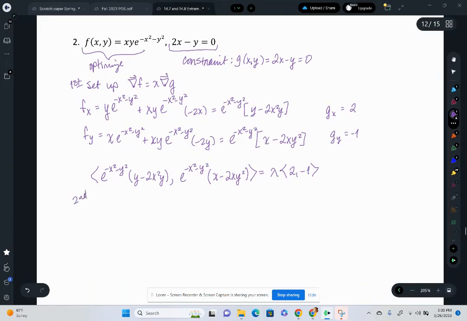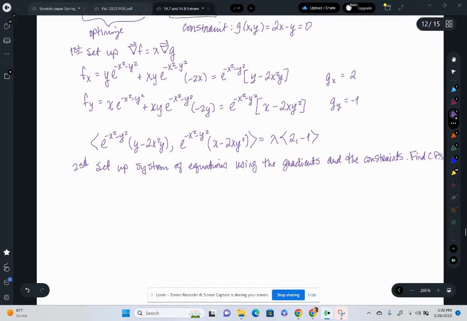All right. Second, we're going to set up a system of equations using the gradients and the constraints, and then we're going to find our critical points.